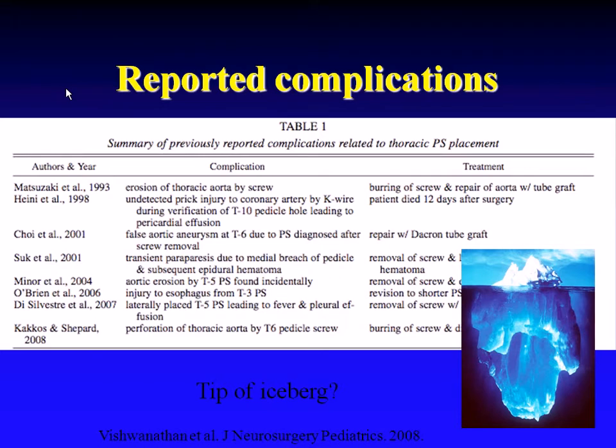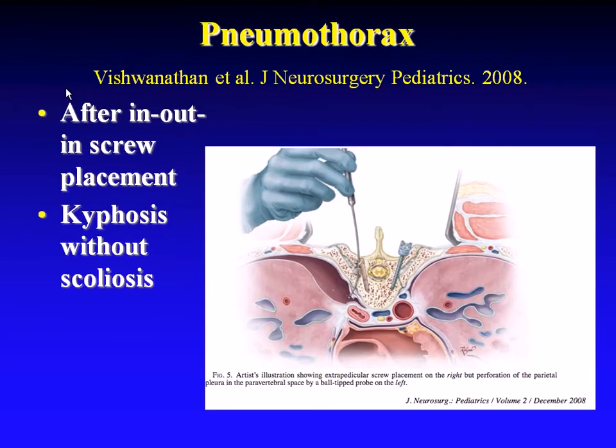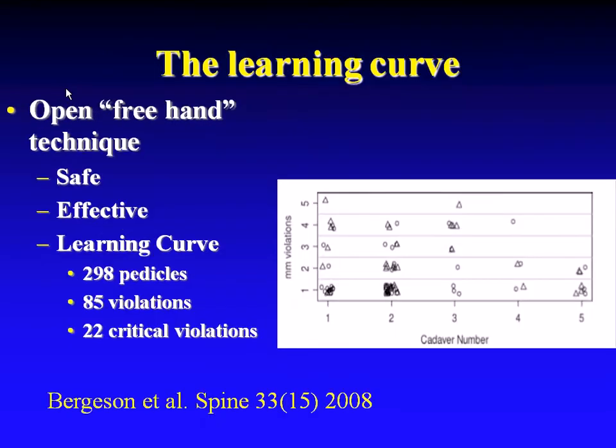And I suspect that these are really the tip of the iceberg. Many of these we hear about are not reported. So, and other things such as intracranial hypotension associated with CSF leak and a malplaced screw. Pneumothorax can occur with this.